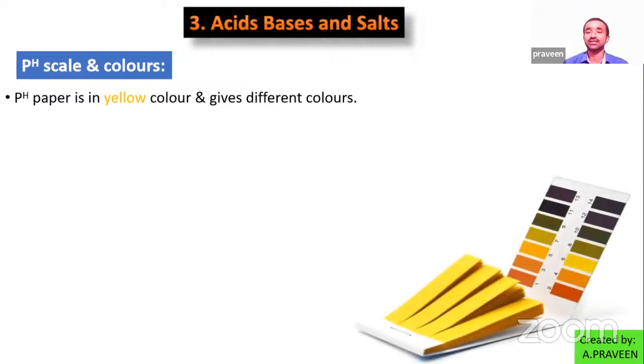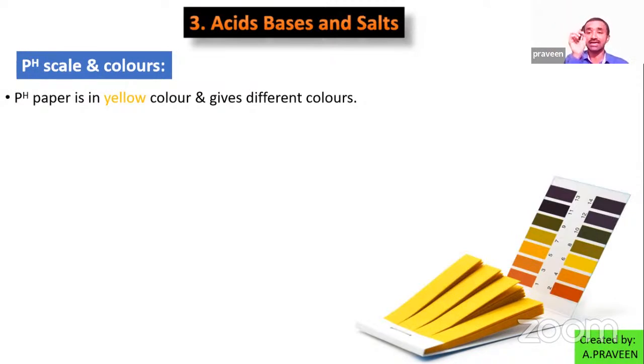Look at that. Then it is assigned with the values 0 to 14. So here 1, 2, 3, 4, 5, up to 14. They are assigned with different colors. If you dip that pH paper in different substances, it changes into different colors.